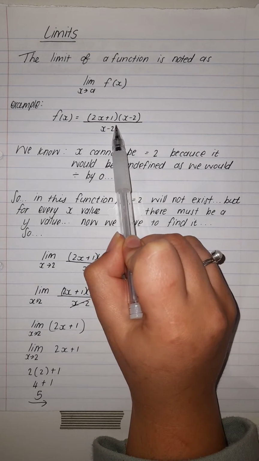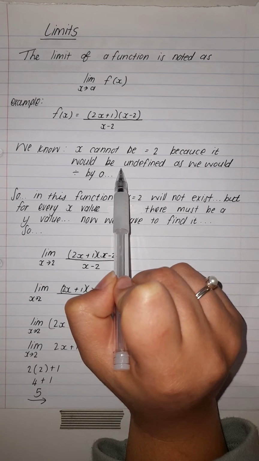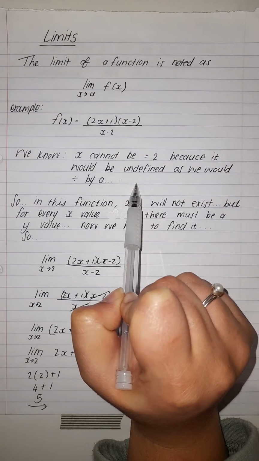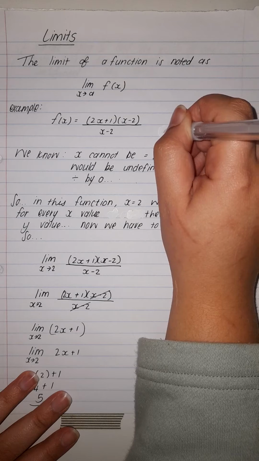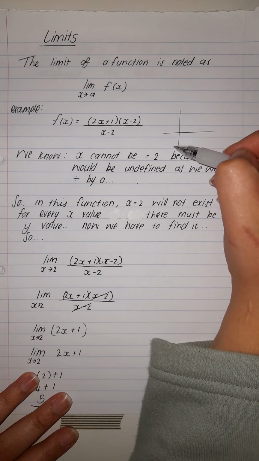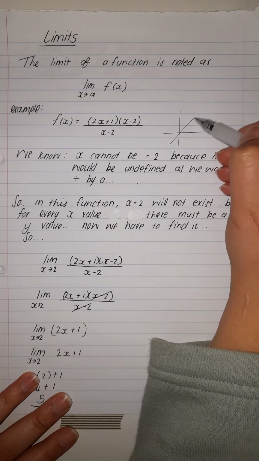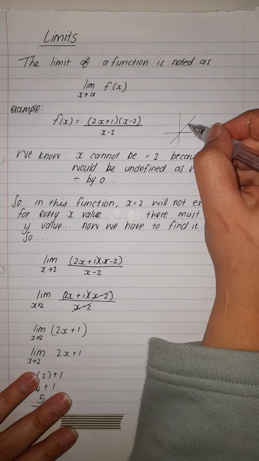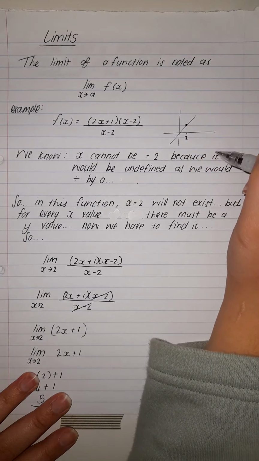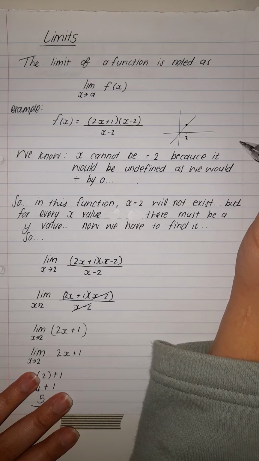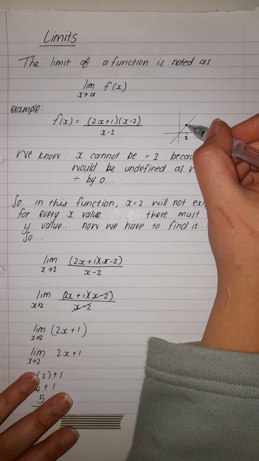So for this function, as soon as x tends to 2, it would be undefined. Meaning if I have my Cartesian plane here, drawn very roughly, and I draw my straight line on here, where x is 2, there would be a point where it's undefined, meaning it won't exist for that point.